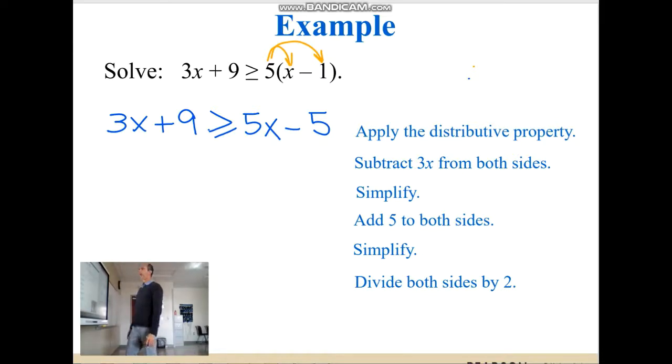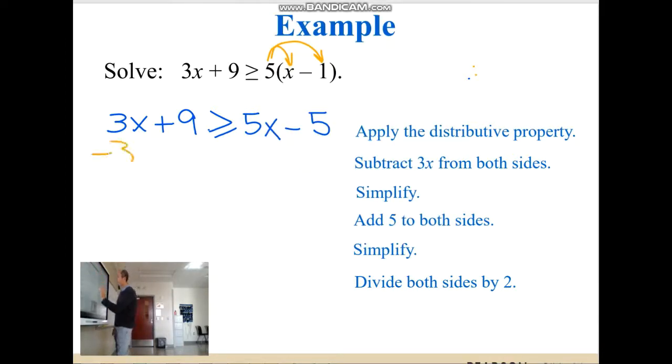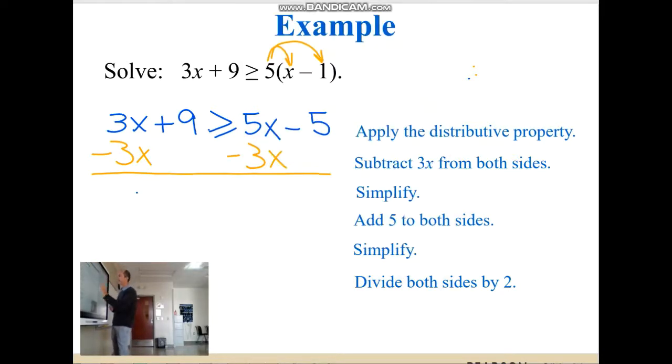Now you can apply the addition property, subtracting 3x from both sides. Subtract 3x, or add negative 3x, it's the same thing, right? And we will have 9 greater than or equal to 2x minus 5.